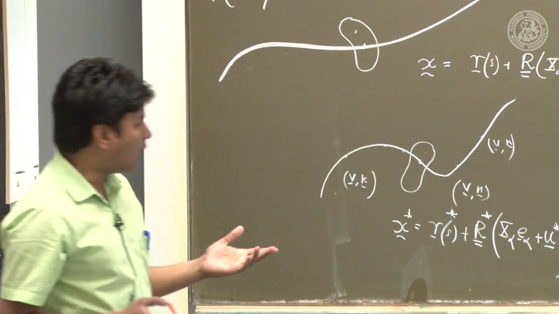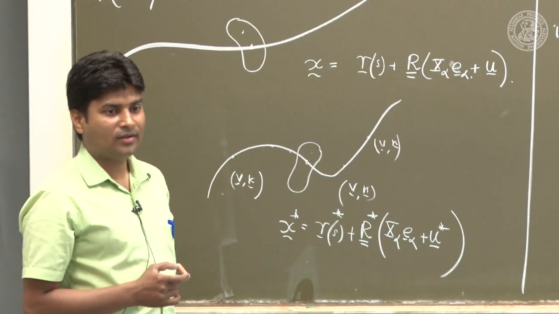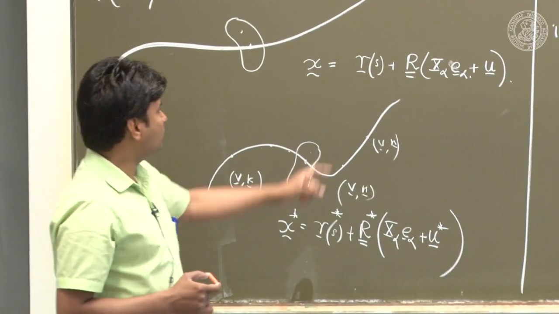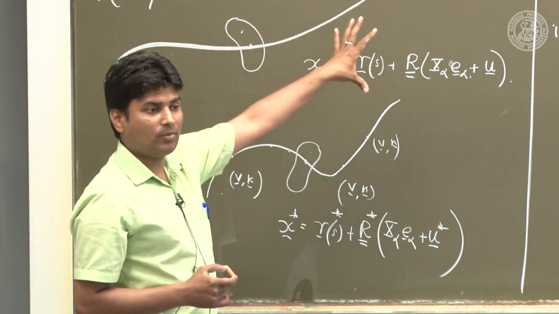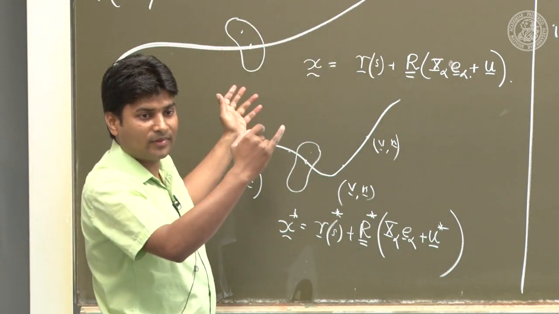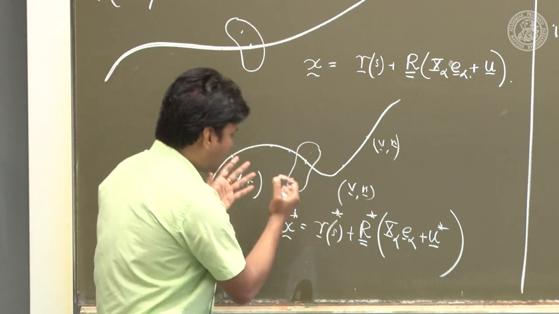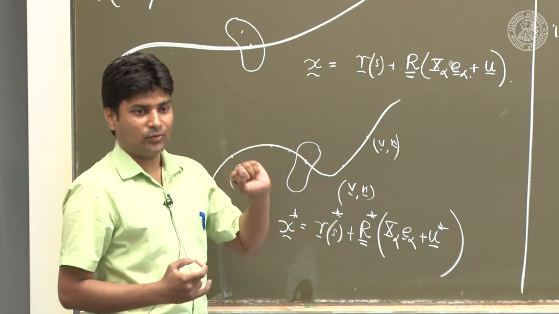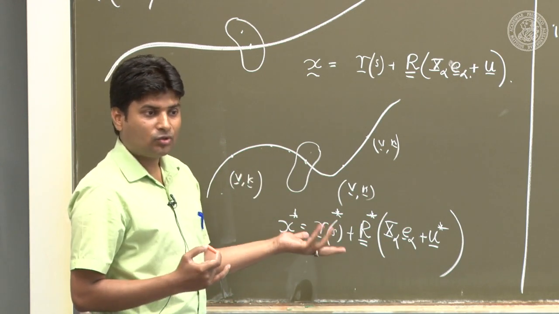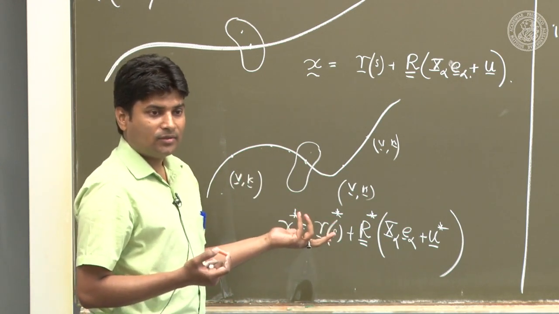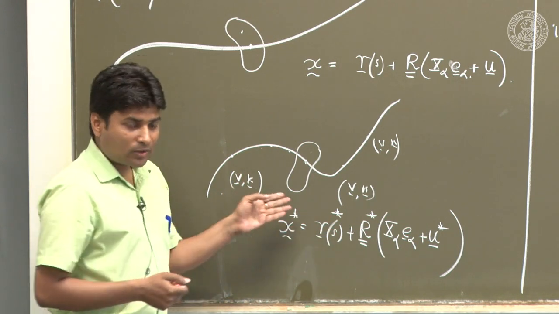But then the question is how to get this u star. To get my u, I had to solve the full 3D elasticity problem for the entire beam. Can we get u star easily? That is the question. If we can get it easily, it would be nice, right? Now, you see what is happening here.